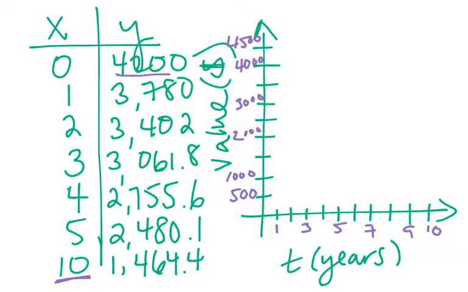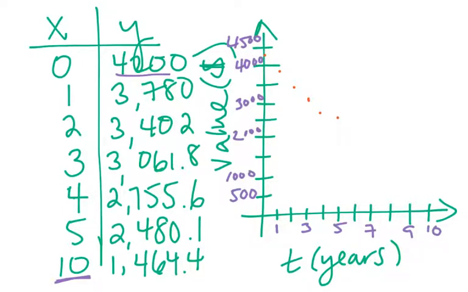Now we're ready to start plotting points. So 4,200 for 0. For 1 year, I want about 3,800. So it's going to be about there. Year 2 is 3,400. So here. Year 3, about 3,100. 4, 2,700. 5, about 2,500.